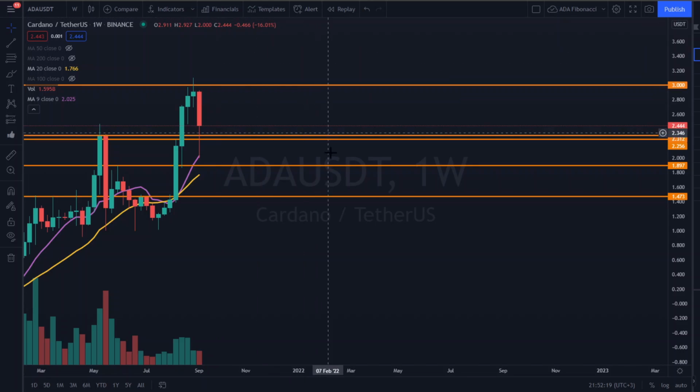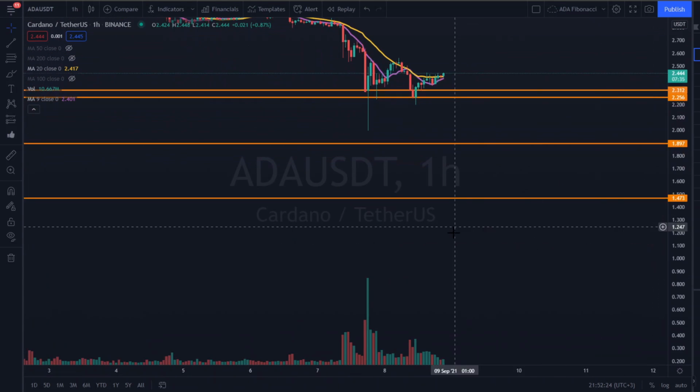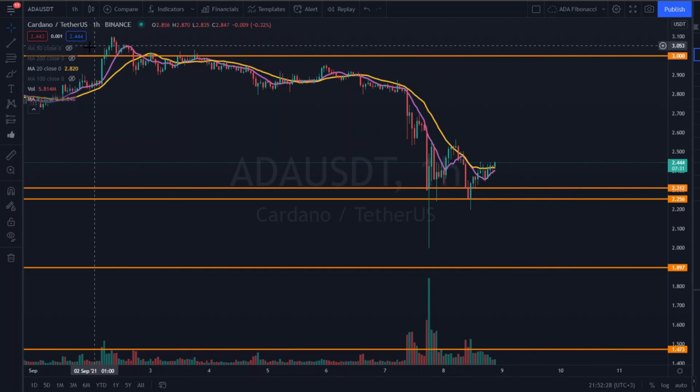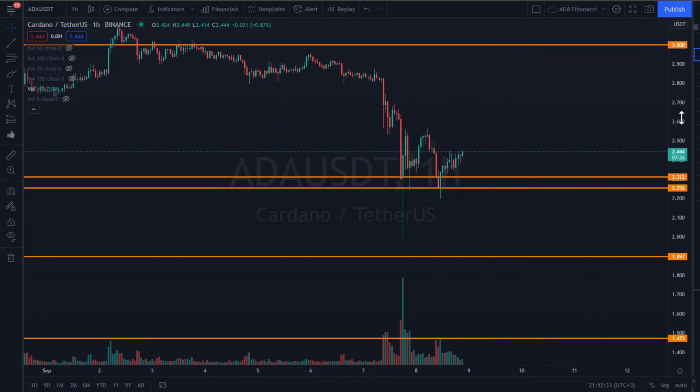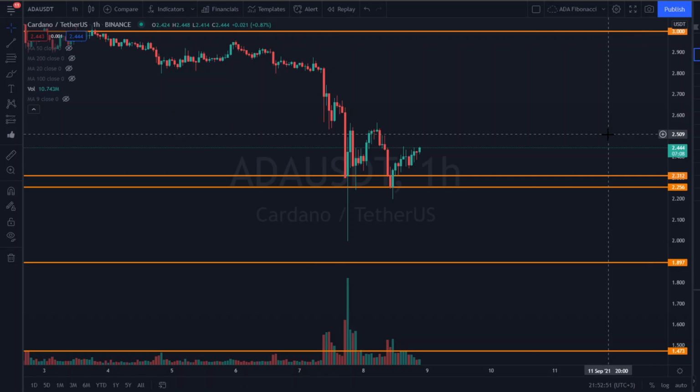So let's start off in the shortest time frame. Let's go to the, not the shortest, but let's go to the 1 hour time frame and take a look at the chart that is forming right now. Let's take away these. So we can obviously here see we had this move yesterday right here, which was just crazy, and market manipulation on bigger players' part who don't like El Salvador making Bitcoin legal tender.